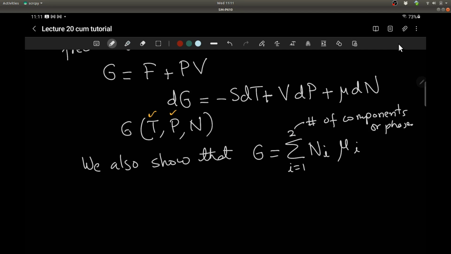Okay, and there'll be a chemical potential for gas. There'll be a chemical potential for all those things. So we can also show this thing. So we have two equations.